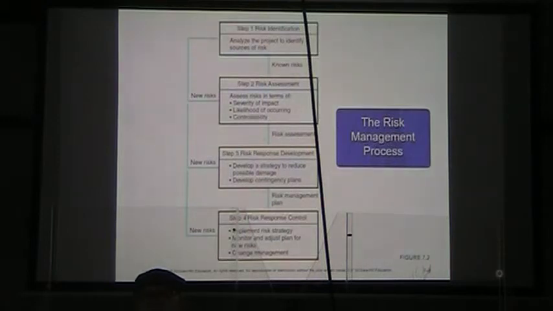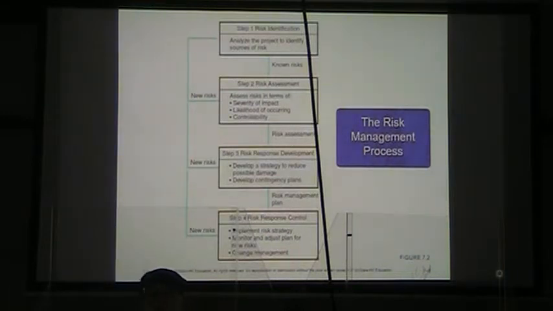But our risk assessment comes down, and then we do step 3. What is our response going to be if this risk occurs, right? So we're going to develop strategies that would reduce whatever possible damage from that risk might occur. With that, we're going to develop contingency plans of what we are going to do if this risk happens.